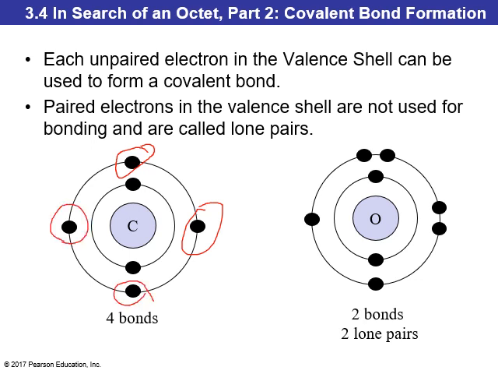Each one of these electrons would have to gain a pair buddy. They're going to have to bond with somebody else. Oxygen, on the other hand, already has 6 electrons in its outer shell. These electrons are going to be what we call lone pair electrons. These are going to be our bonding electrons. These electrons are not buddied up with anybody, so they can be used to form a bond.